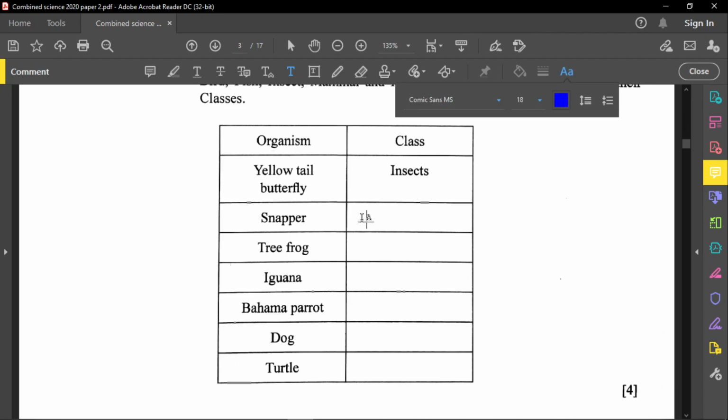The snapper is a fish. The tree frog is an amphibian. The iguana is a reptile. The Bahama parrot is a bird. The dog is a mammal. The turtle is a reptile as well.